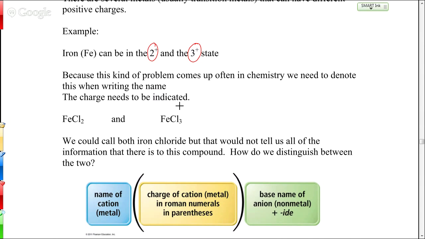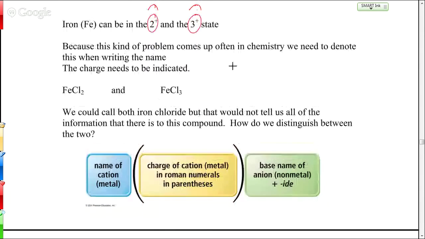So we can't simply say iron chloride, because iron chloride is not specific enough. So the way that we do this, and some people would say this is a little bit confusing, but I think it ends up working out okay, is we take the name of the cation, so iron, and the name of the anion, chloride, just like before. But now we put in the middle, in between the two, the charge of the cation in Roman numerals.